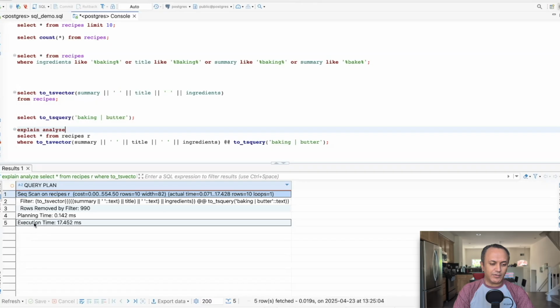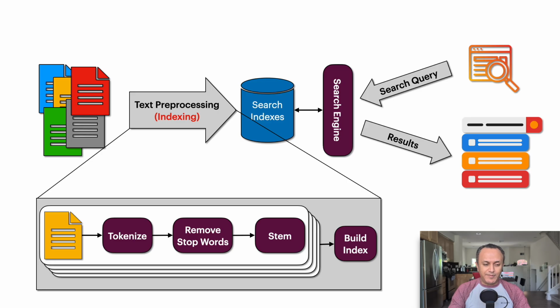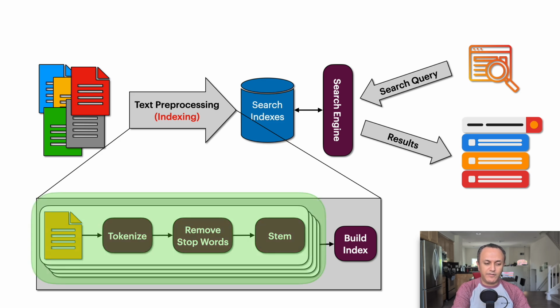As we can see here, the execution time is 17 milliseconds. Of course, it appears to be a small number, but that's because we only have 1,000 rows. If you do this on a large data set that has millions or billions of rows, this is going to take quite a while. So clearly, this is not the most efficient way to do a query like this. If you look back at the steps that we talked about, this to_tsvector function covers those 3 steps: the tokenization, removing the stop words, and stemming.